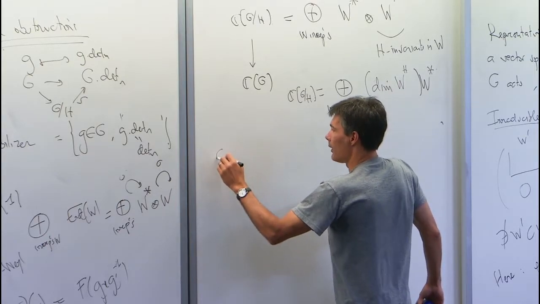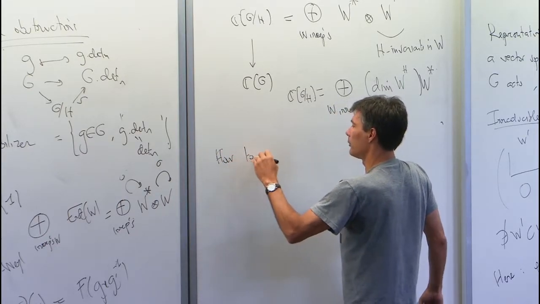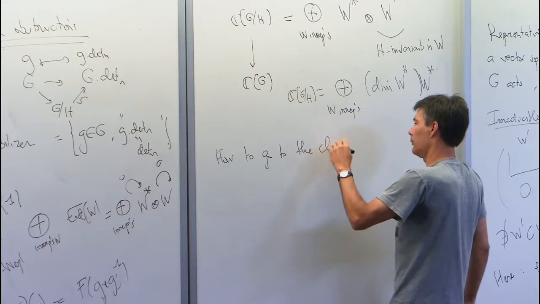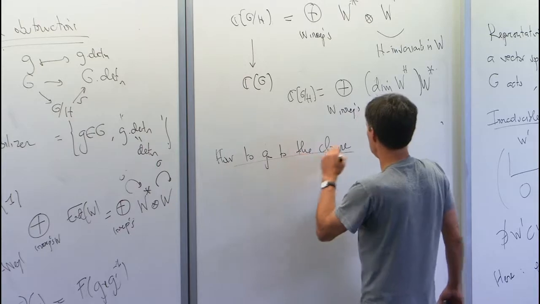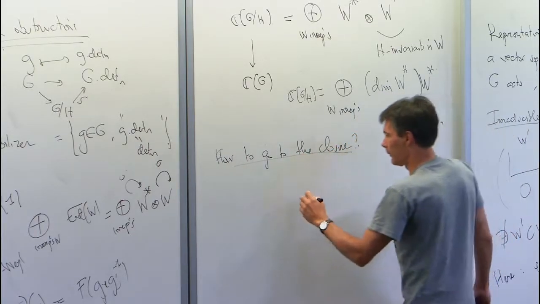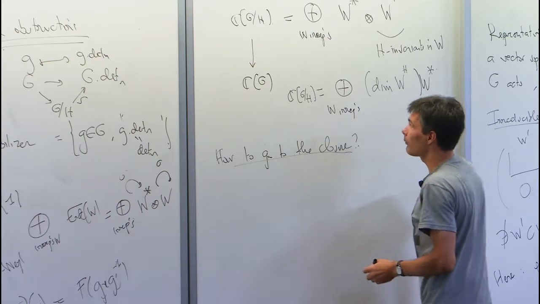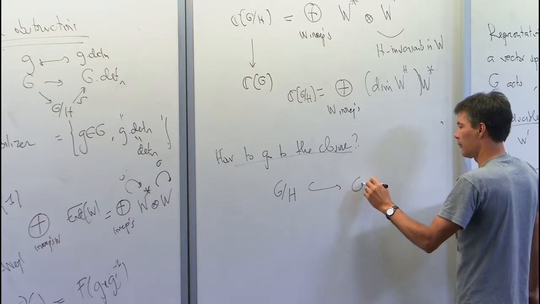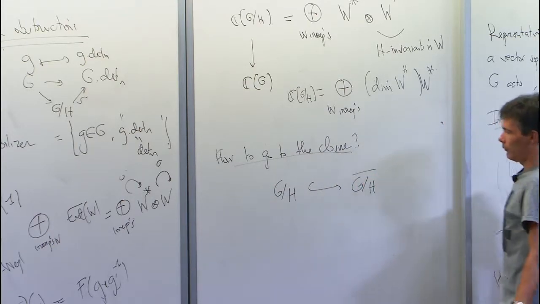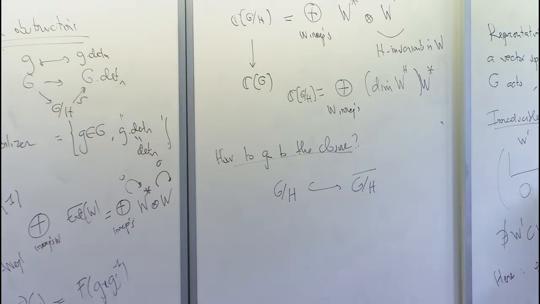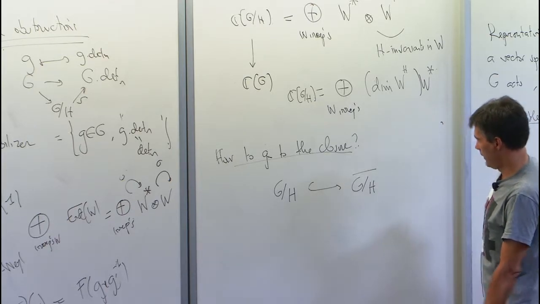So then the question is, how do we pass to the orbit, to the closure? Again, we have these two embeddings, which can be for the orbit of the determinant or the padded permanent.